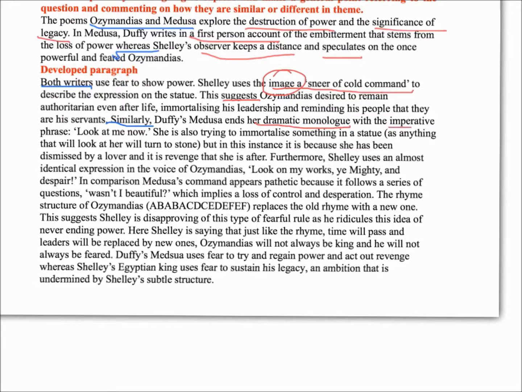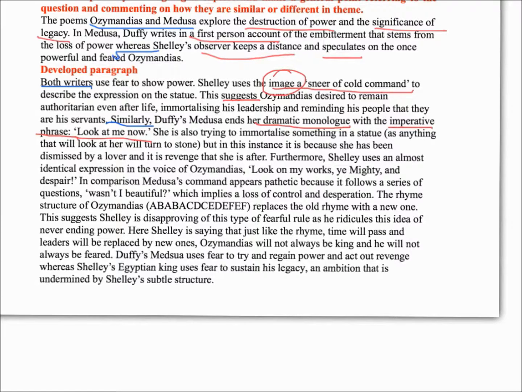Then we talk about language as well in our evidence. So we have the point at the beginning, we have our comparison to what we've already said. Then we talk about form, we talk about the language used, and then we have our very clear evidence, okay?